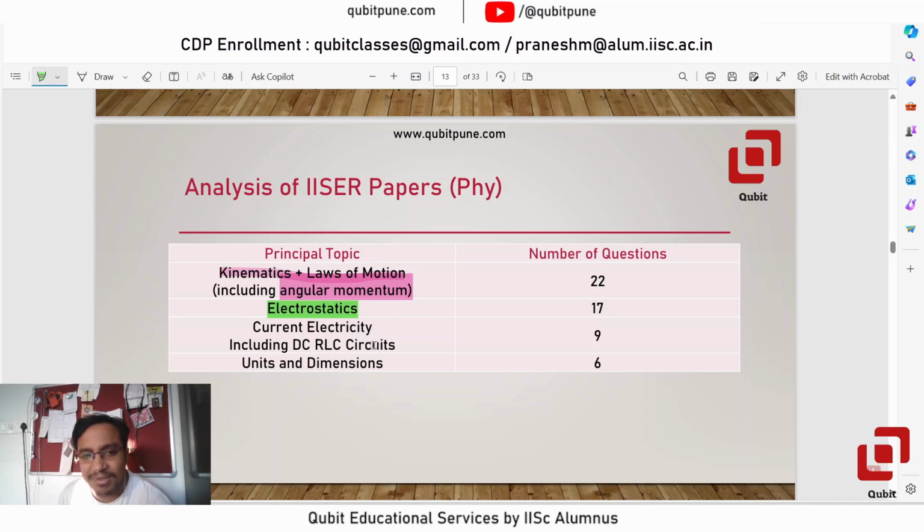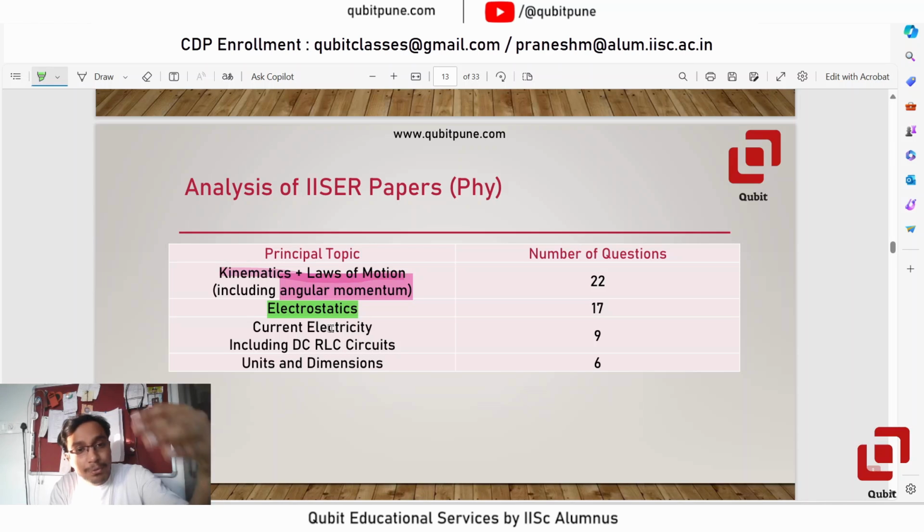Then there have been questions from current electricity. Now when we think of current electricity, and if we go by the NCERT curriculum or pattern, then we will have drift velocity, relaxation time, conductivity, the meaning of potential difference, EMF, combination of cells, combinations of resistances, and all that stuff.